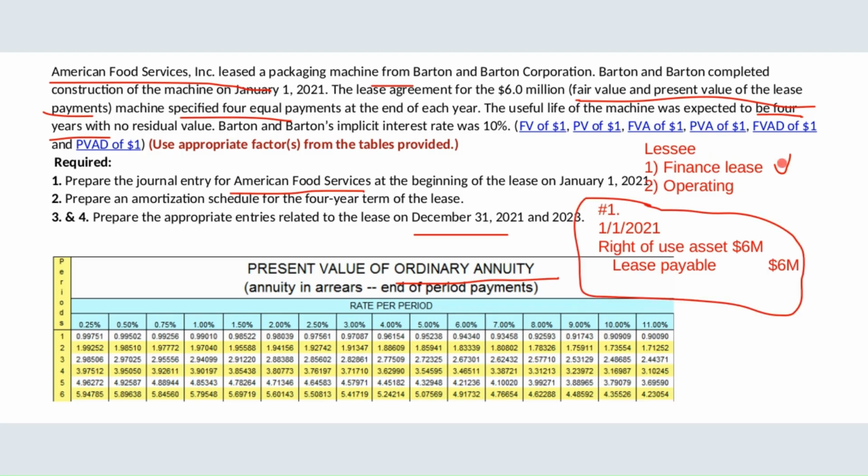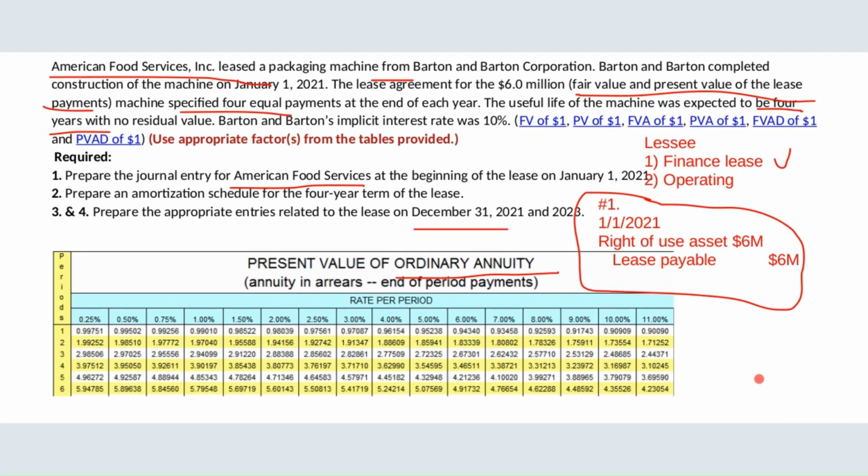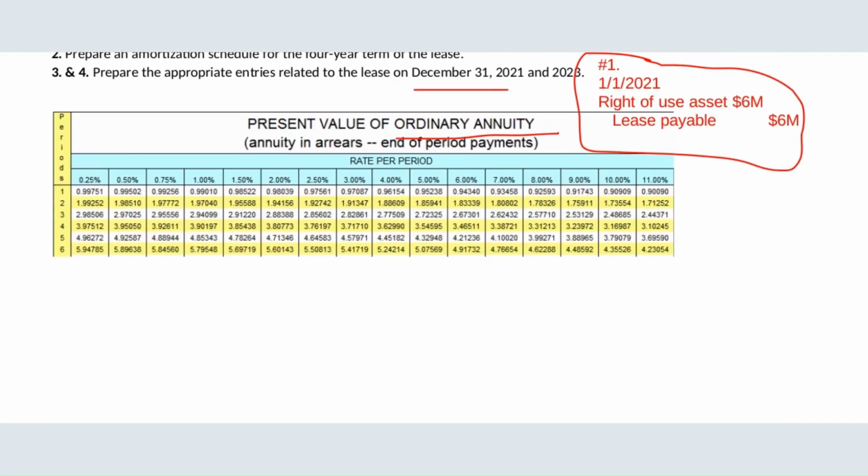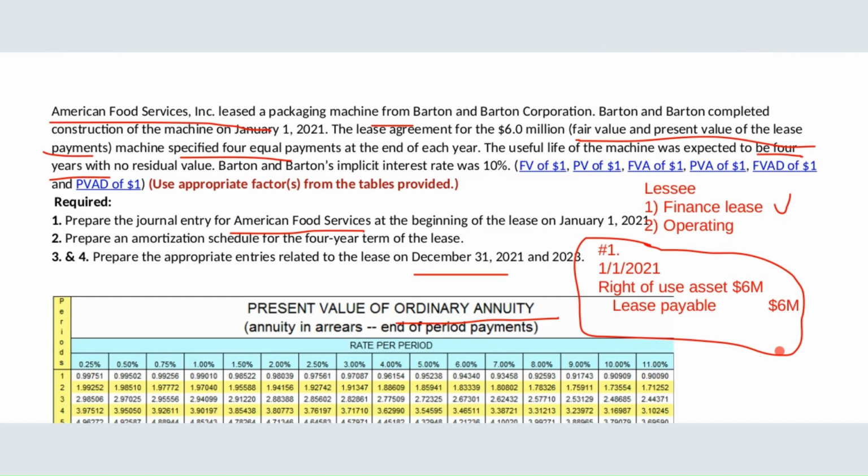So we have made the determination that it's a finance lease, and we have our initial entry on January 1st for that amount. Now, do we know what the annual payments are? Here we are supposed to have the amortization schedule with the lease payments.